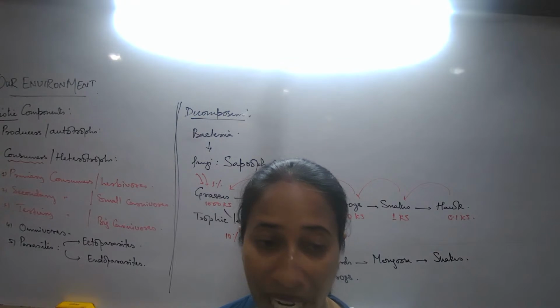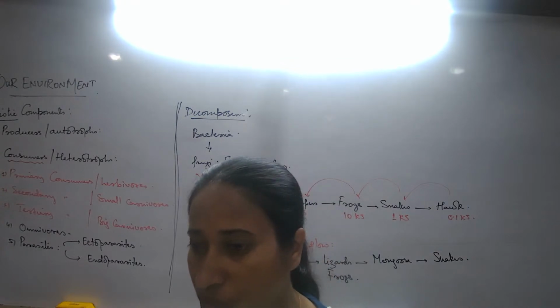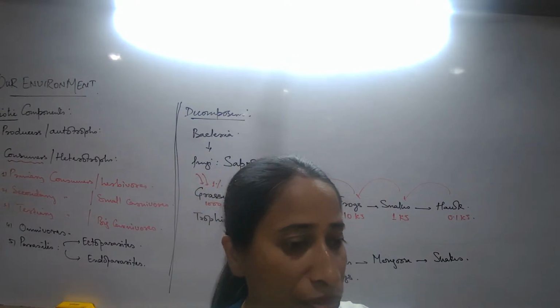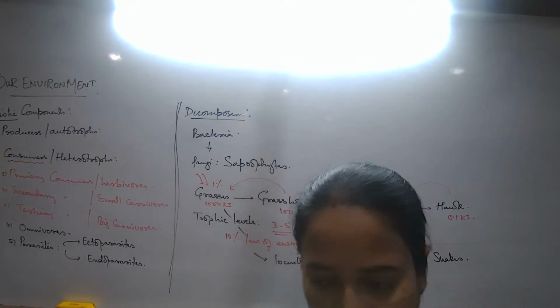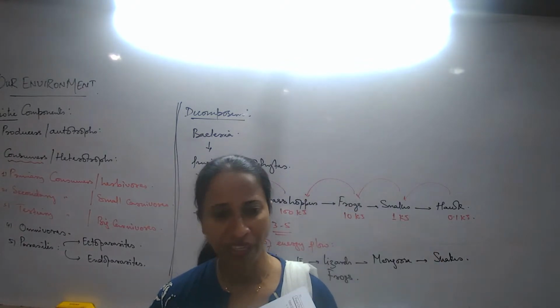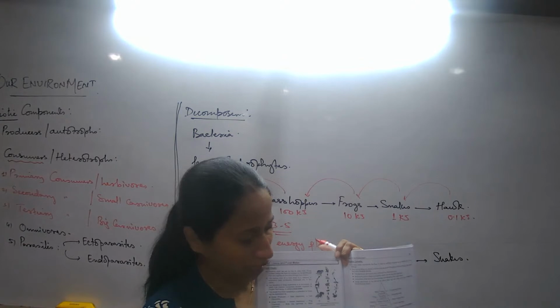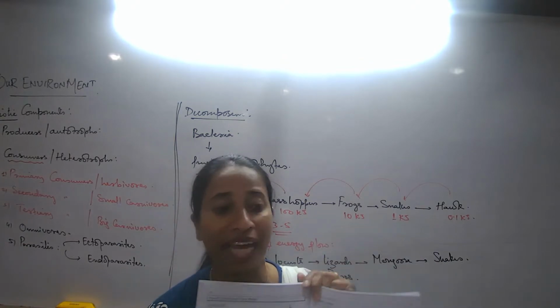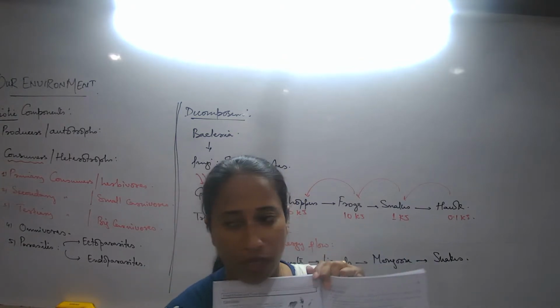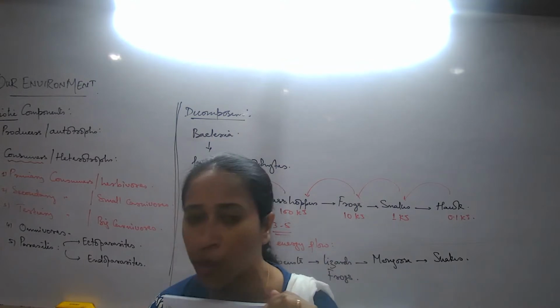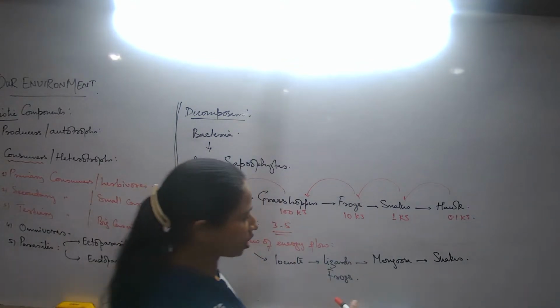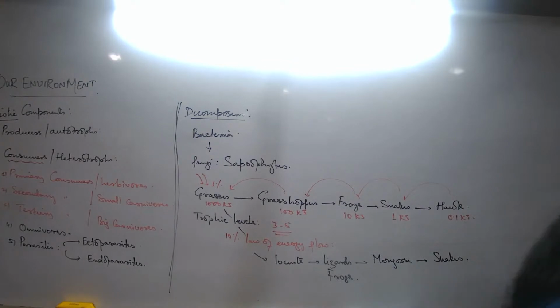Now you will practice writing. Take one question as homework. Write down an example of a food chain in the form of a pyramid. This is known as the energy pyramid. How do we write it? The same concept we will write in the form of a triangle with different levels.